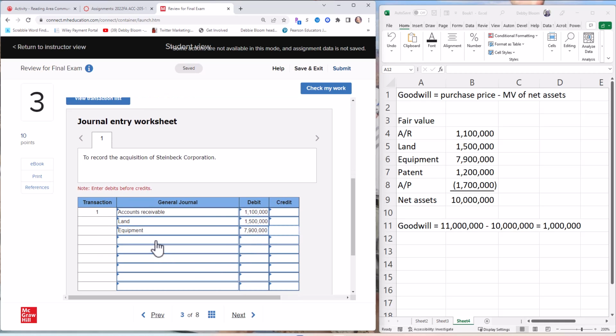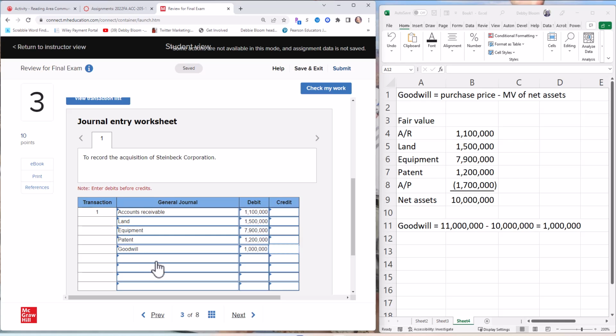We purchased the patent for $1,200,000. And then we also purchased the goodwill for $1 million, the answer to part 1.